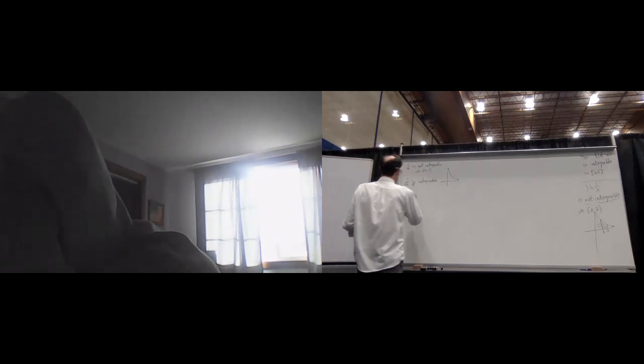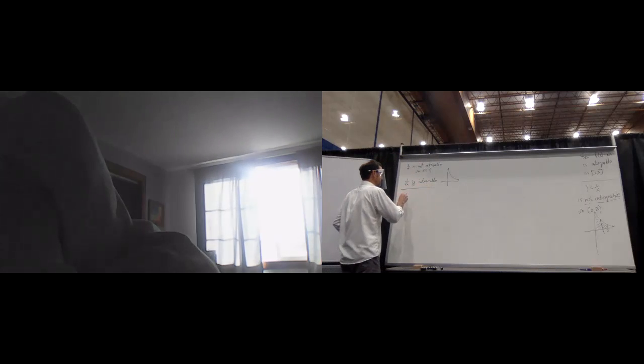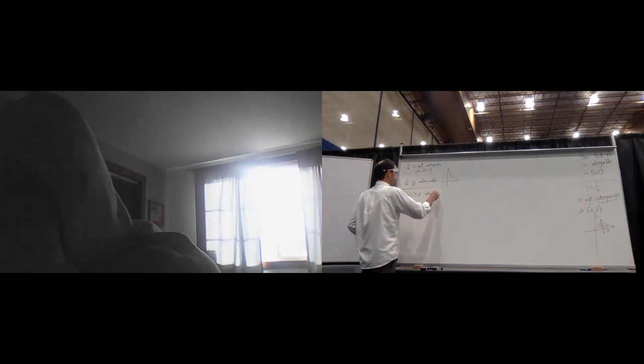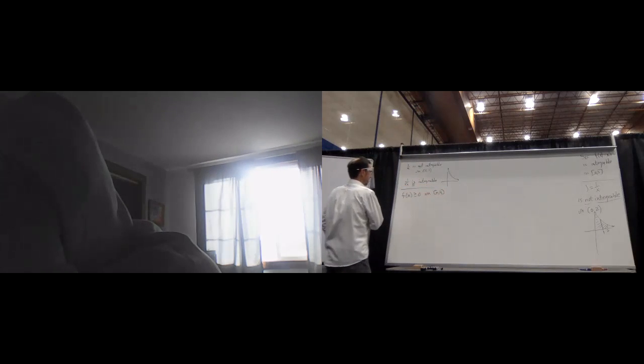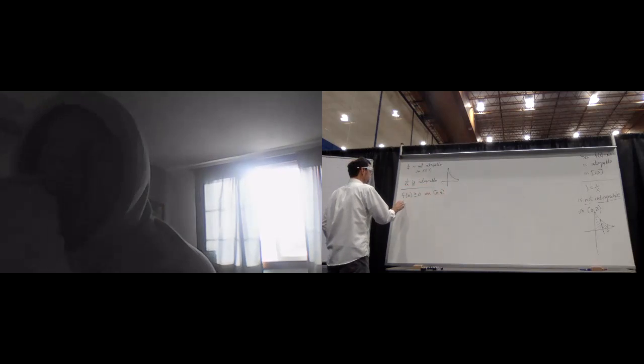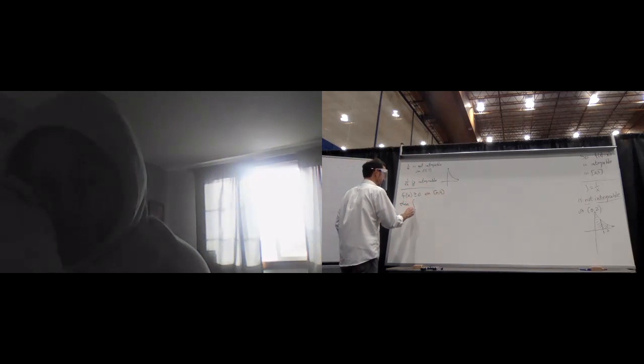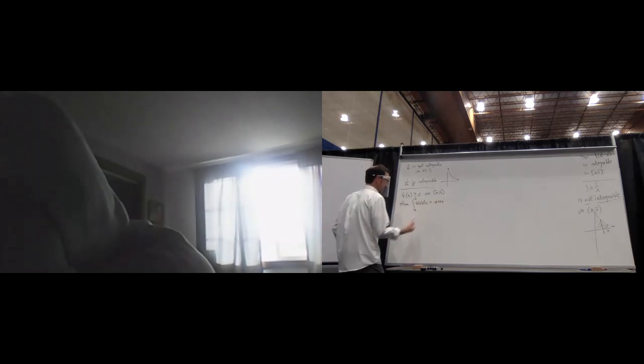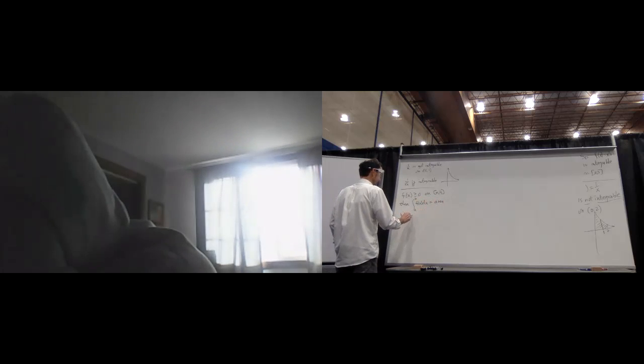Okay, let's talk a little bit about area. So right now we're saying, if f of x is non-negative on a to b, then I'll write using our brand new symbol, the integral from a to b of f of x dx equals the area, assuming it exists, and we'll assume it, between its graph and the x-axis.